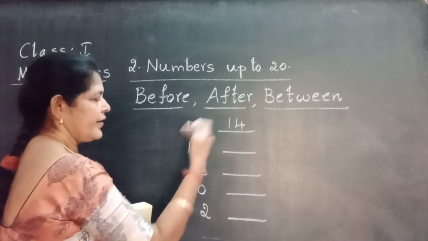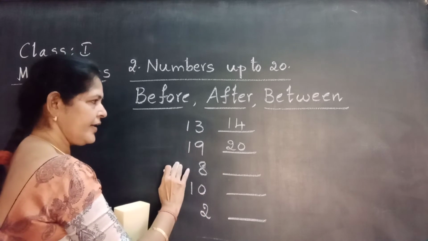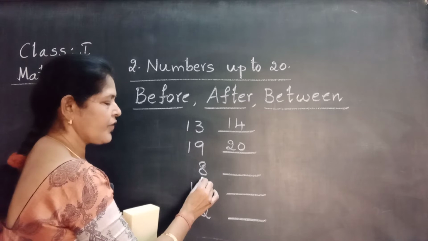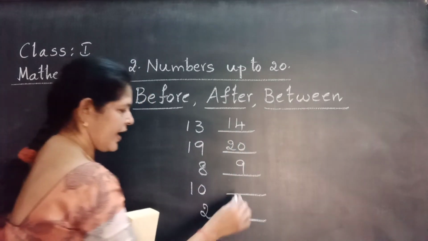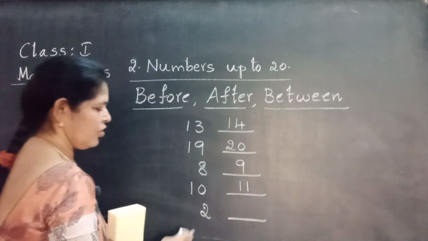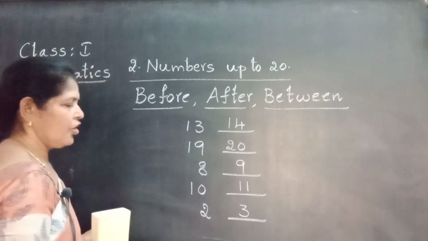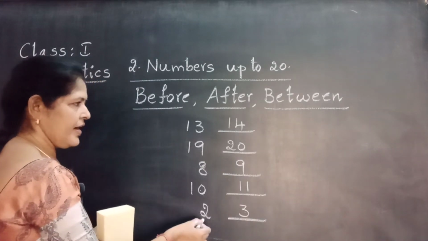Next number. 19 after, 20. 20 is after 19. What comes after 8? 9. Very good. What comes after 10? 11. Very good. What comes after 2? 3. Very good.